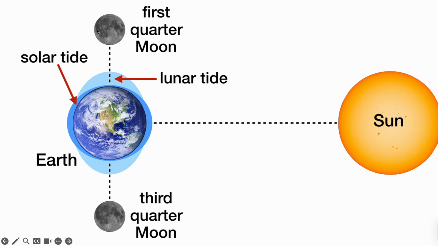So during your first quarter moon and your third quarter moon, you can see here that the ocean tides lift up. But remember, the sun also plays a smaller role, okay? So the solar tide is a little bit smaller, okay? Now, what happens when the moon is aligned with the sun? So let's say this moon right here is right here in between the earth and the sun.